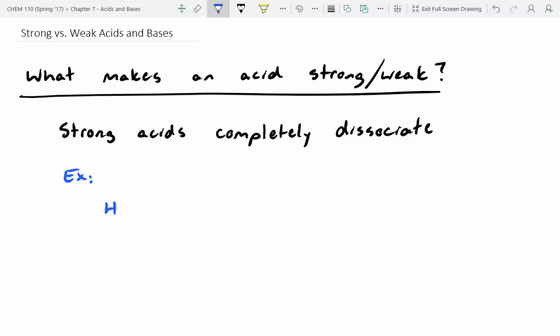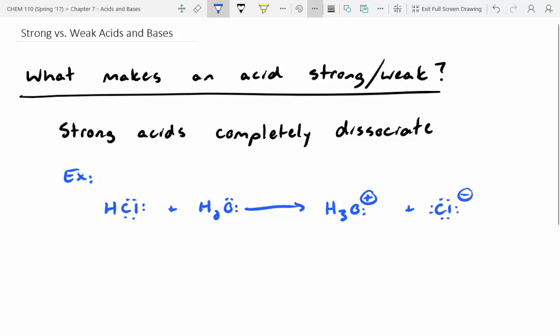So HCl plus H2O was the last example we saw. After they reacted, we said we've got this H3O plus. Let me include my lone pairs here. Plus Cl minus, right?